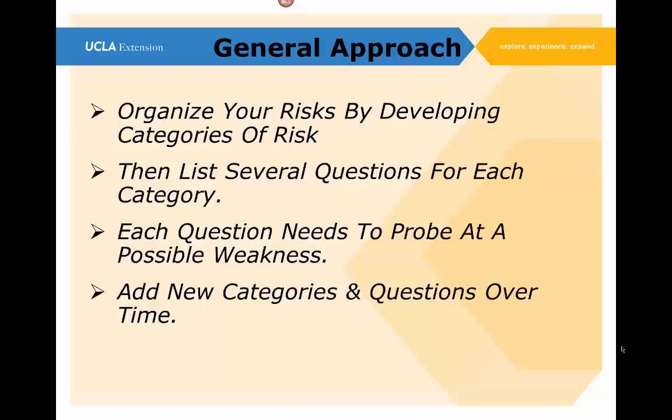What dimensions, what parameters about the risk does it bring to your attention? Does it help you understand the risk better so that you can come up with some plan how you're going to mitigate it, how you're going to deal with the risk in a very cost effective way? Every question should probe at a possible weakness.